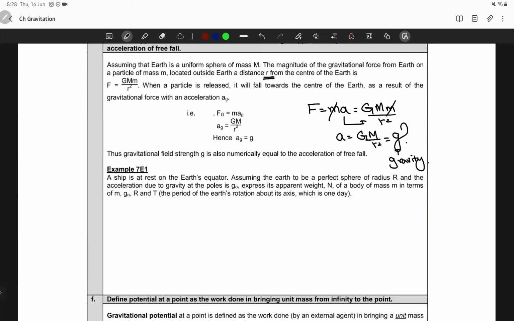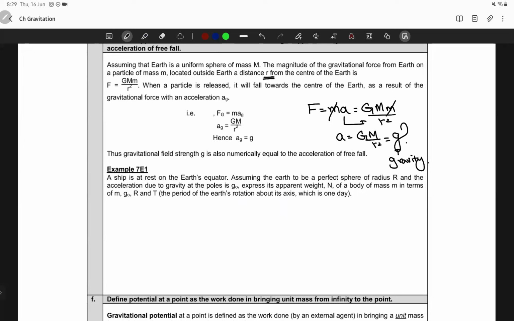Then you're asked to express the apparent weight in newtons of the body of mass m in terms of m, g naught, r, and T, where T is the period of the Earth's rotation about its axis. So apparent weight is basically the weight which appears at the equator, right?